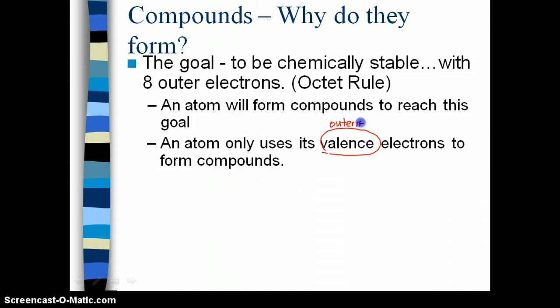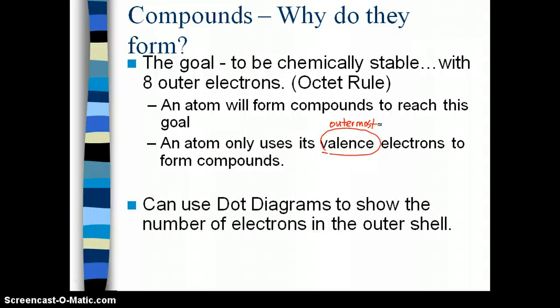Now, we could represent these in a dot diagram, which we've talked about in the past with chapter 4. We can show just the valence electrons and look at how many electrons are going to be transferred or maybe shared with another atom.